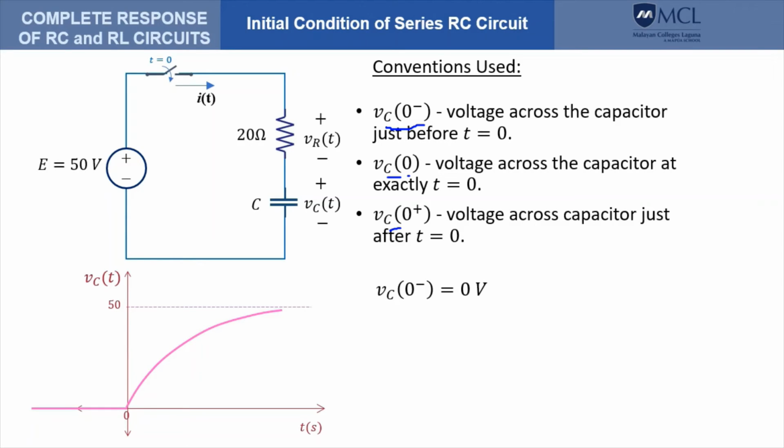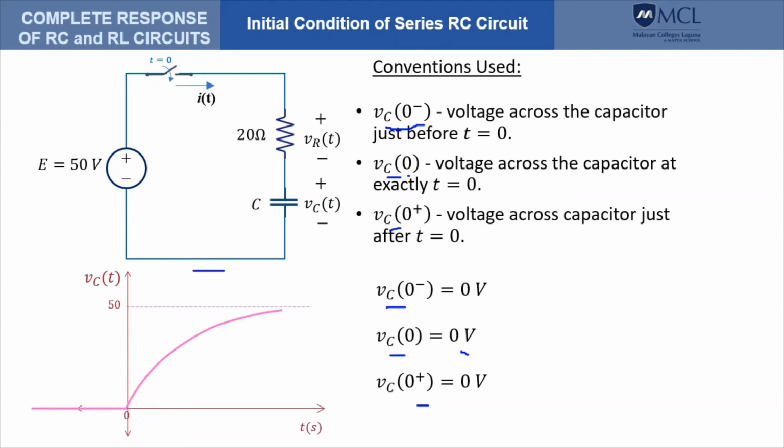Hence, for this particular circuit, the voltage V sub C just before t equals 0 equals 0 volts because there's no current yet. At exactly t equals 0, V sub C equals 0 volts. So it's still 0 because the voltage cannot change abruptly. And just after t equals 0, it is still 0.